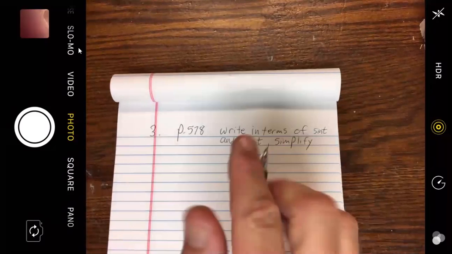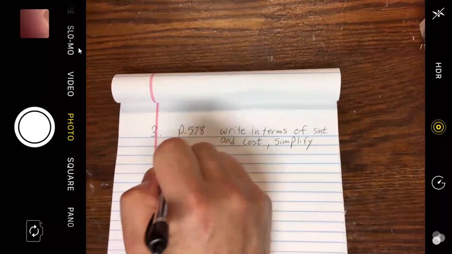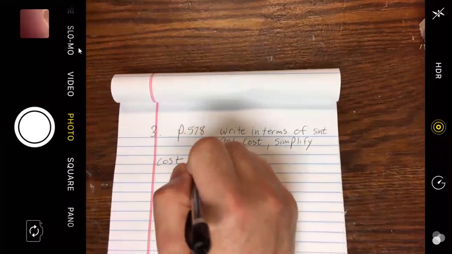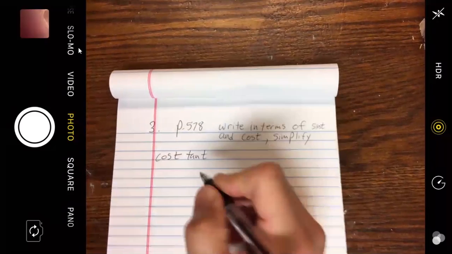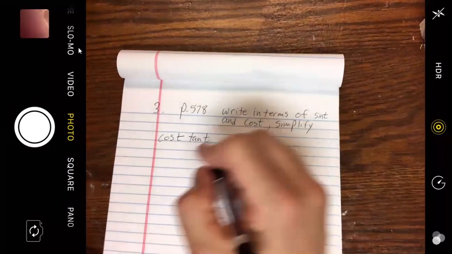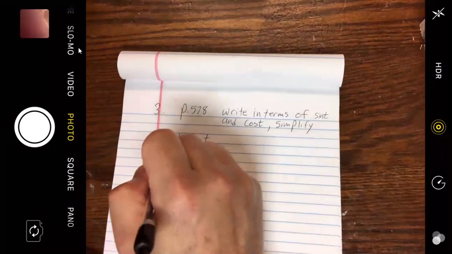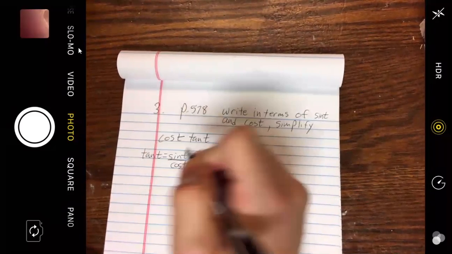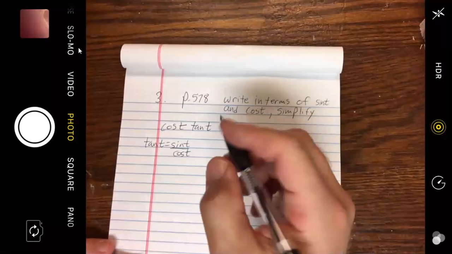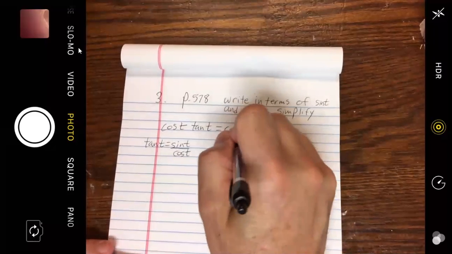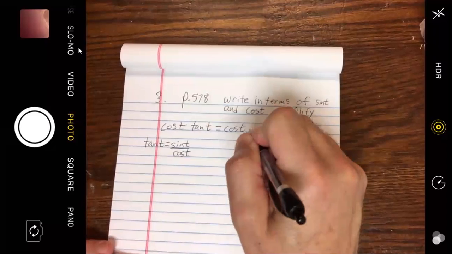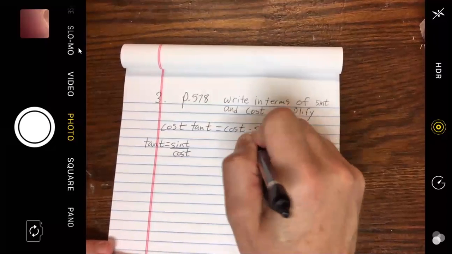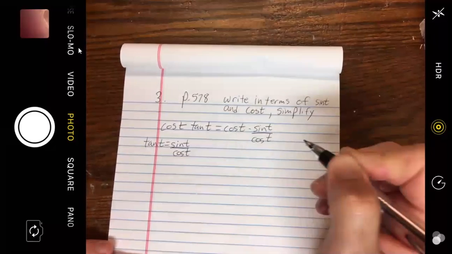So number 3 was cosine t, tangent t. Well, just like the last problem, tangent is sine t over cosine t. We usually just start plugging in. So that's cosine t, sine t, divided by cosine t.